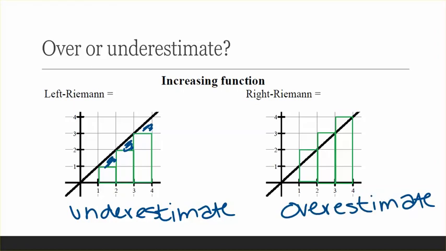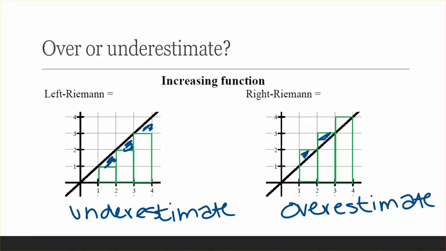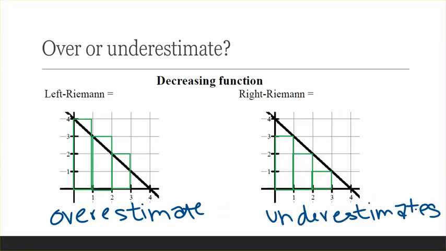You'll notice here that my rectangles extend above the function. As you might assume, the opposite is true if we have a decreasing function. When we have a decreasing function, our left Riemann sum this time overestimates. And for a decreasing function, our right Riemann sum underestimates.